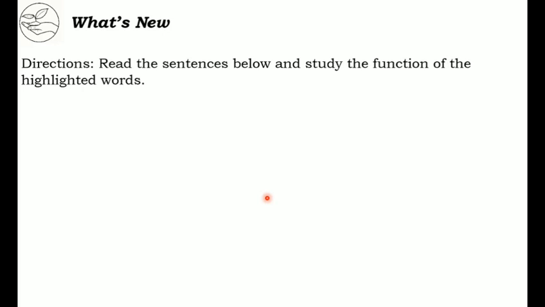All right, what is new? Directions: read the sentences below and study the functions of the highlighted words. By the way, I'd like you to be ready with your module while you are watching this video in order for you to understand clearly.